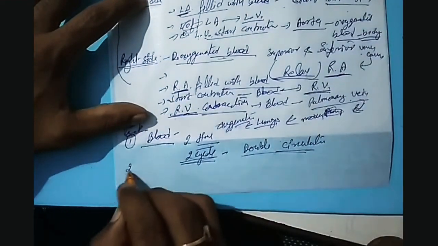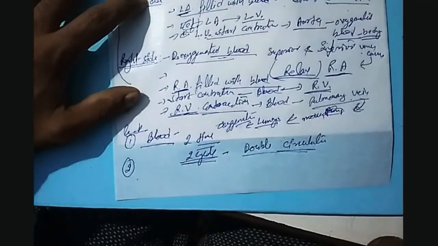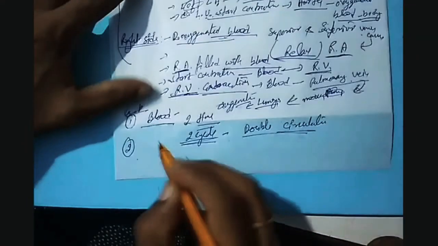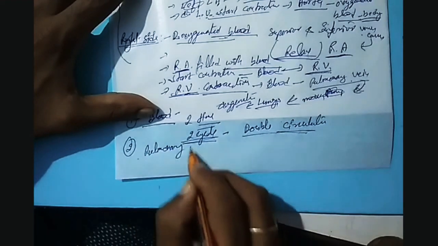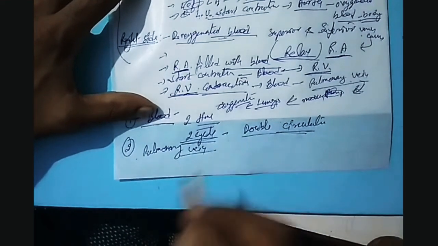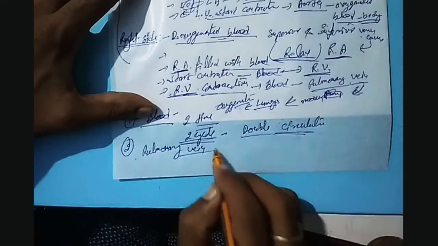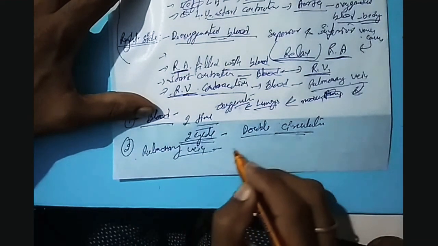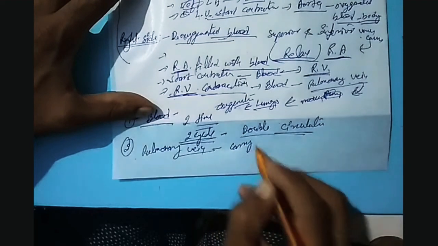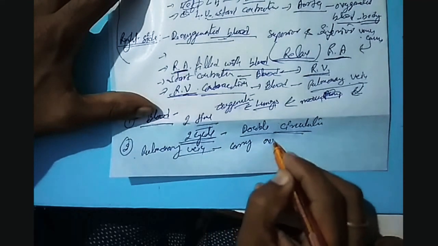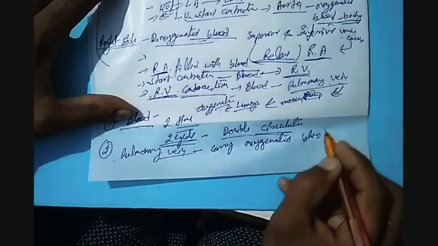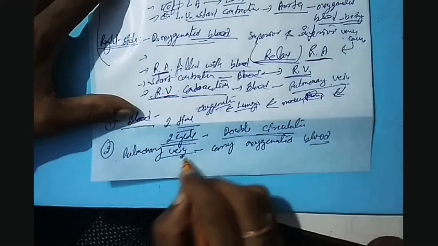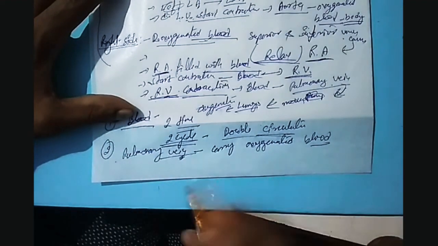Second important point, the pulmonary vein is the single vein, exceptionally, that carries oxygenated blood, else all the veins carry deoxygenated blood.